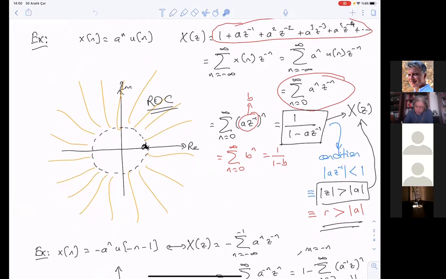I want you to focus back to this only example that we have seen, the Z transform. In this Z transform, we can see that when Z is equal to A, the denominator becomes 1 minus 1, which is 0, and that makes a pole. But is there a 0 is a question. So do we have a 0 here?